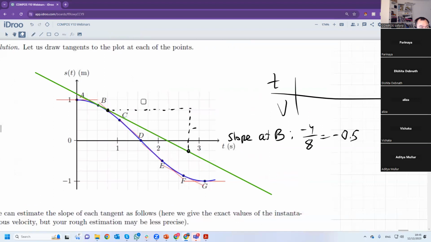This is not 4, and this is not 8. This is technically -1, and this is 2. But it doesn't make any difference. -1 over 2, still -0.5. I'm just counting squares, and I'm not counting seconds. But yes, you are right.